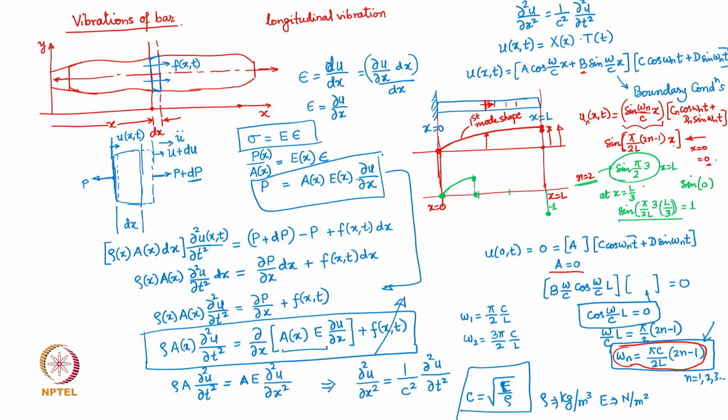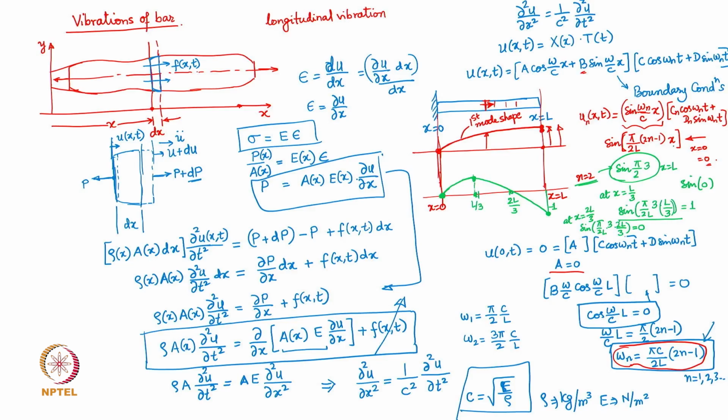And similarly you can show that at x equal to 2L by 3, this sine function, pi by 2 L, 3 and 2L by 3, turns out to be 0. And so this mode shape is going to pass through a nodal position here at 2L by 3 position, and at L by 3 it will have plus 1.